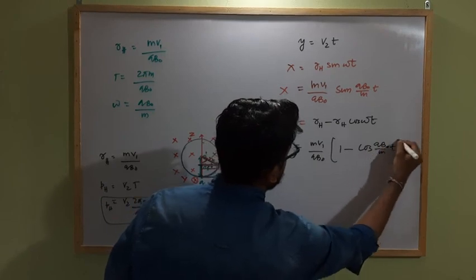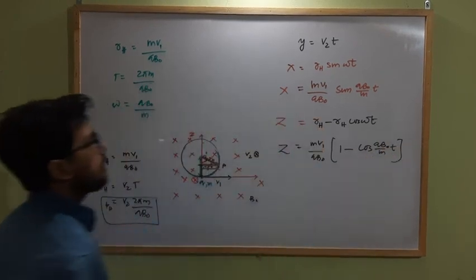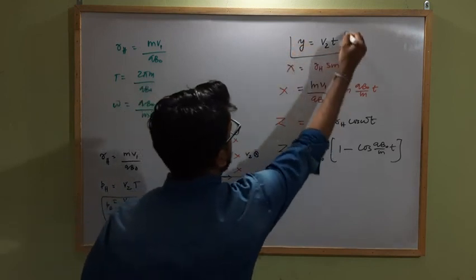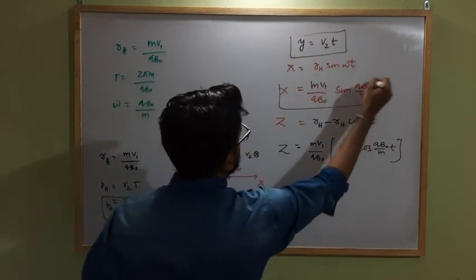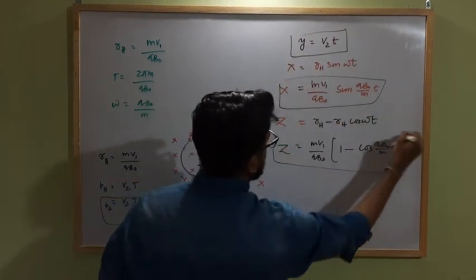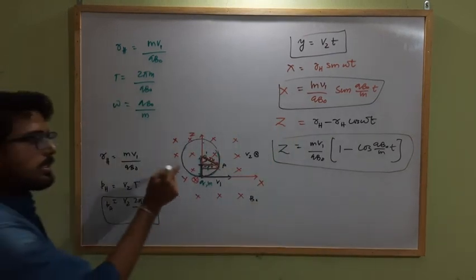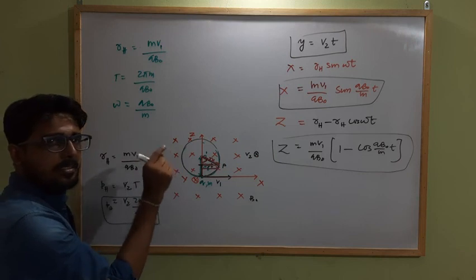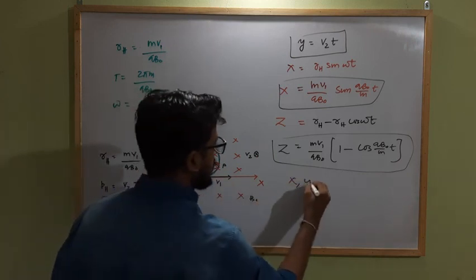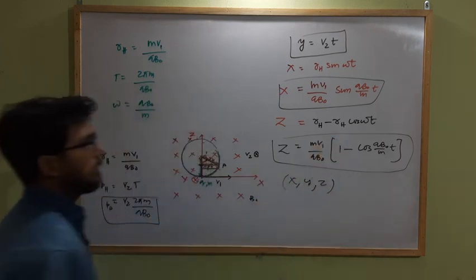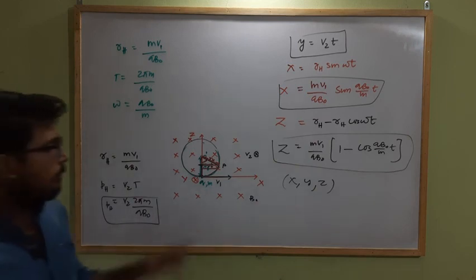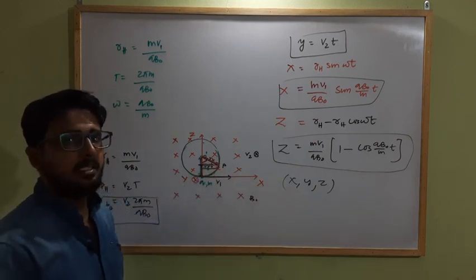So this is the expression for z coordinate, this is the expression for y coordinate and this is the expression for x coordinate. So the net position of the charged particle at any instant t will be x, y, z.